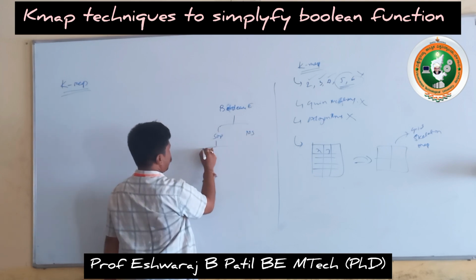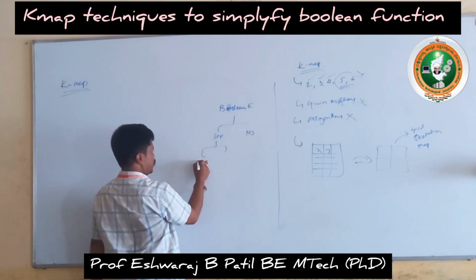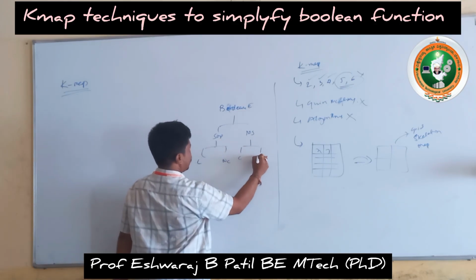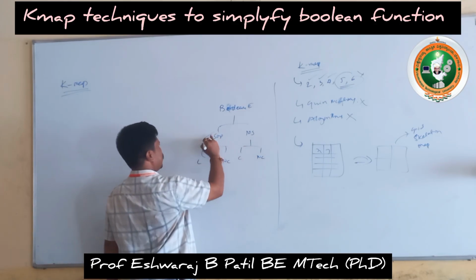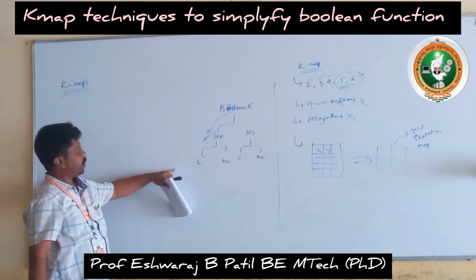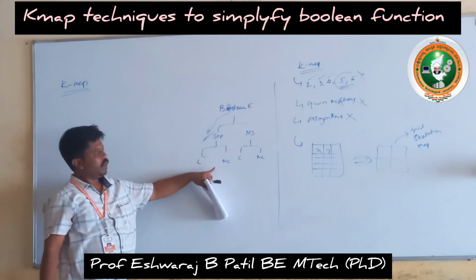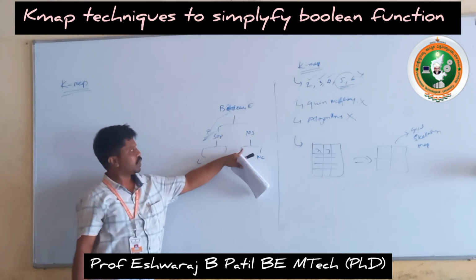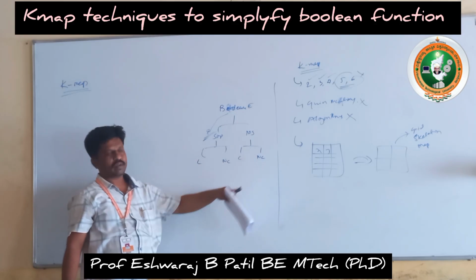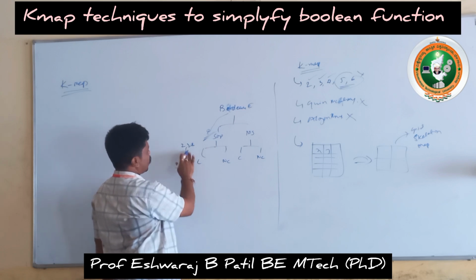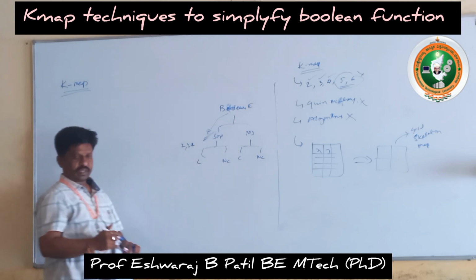In each we have canonical and non-canonical forms. We'll consider Boolean function simplification with the help of the KMAP in SOP form first, canonical and non-canonical. Then we'll move to POS, canonical and non-canonical. First in SOP form we'll see 2 variables, 3 variables and 4 variables, and we'll see what canonical and non-canonical mean one by one.